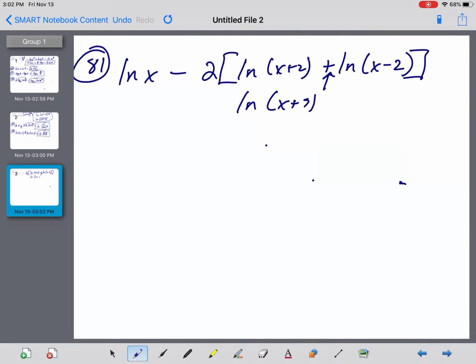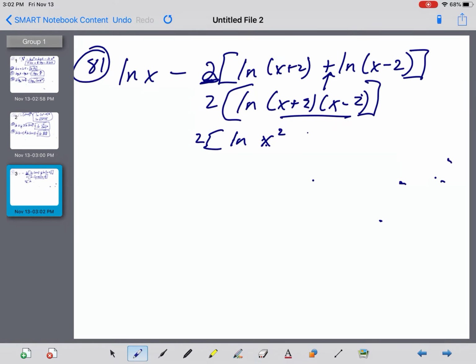So this is the natural log of x plus 2 times x minus 2. Now I can multiply those together because this 2 right here is going to become a power in a minute, because it's still out in front here.